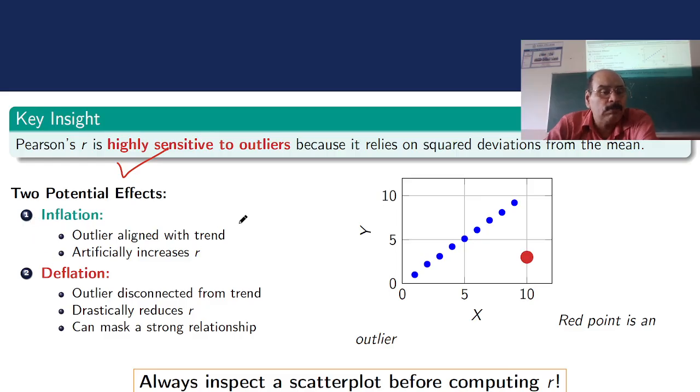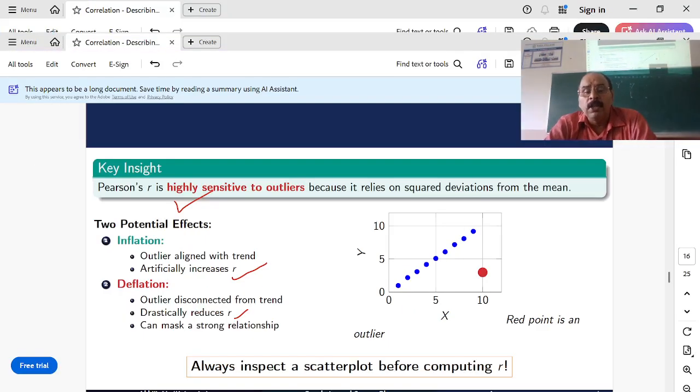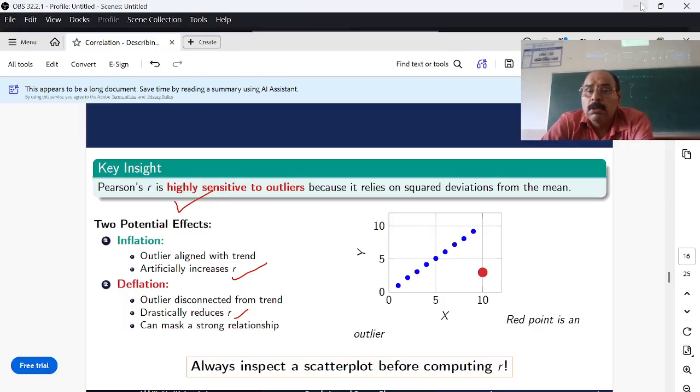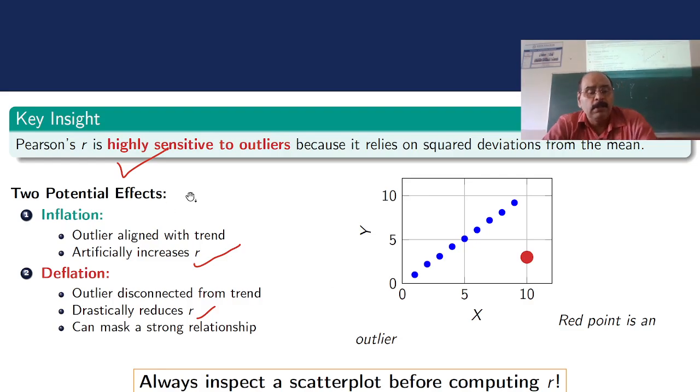Okay, so what happens is simply it increases the correlation or sometimes it reduces it. When you say it is inflation, it means that it is increasing.